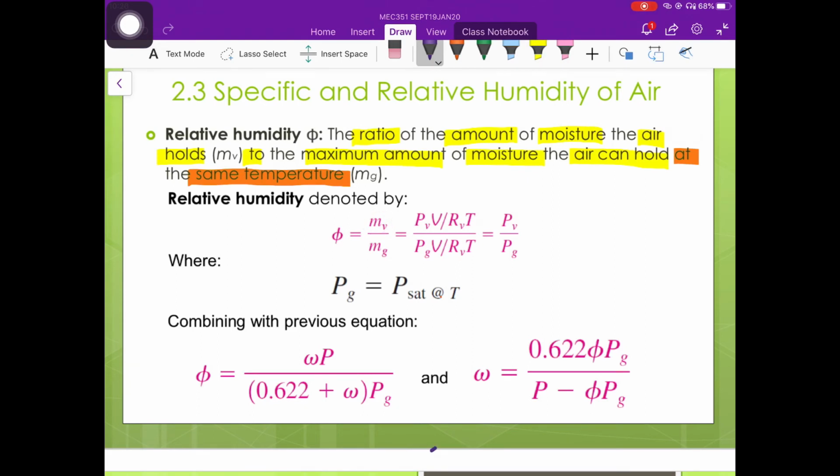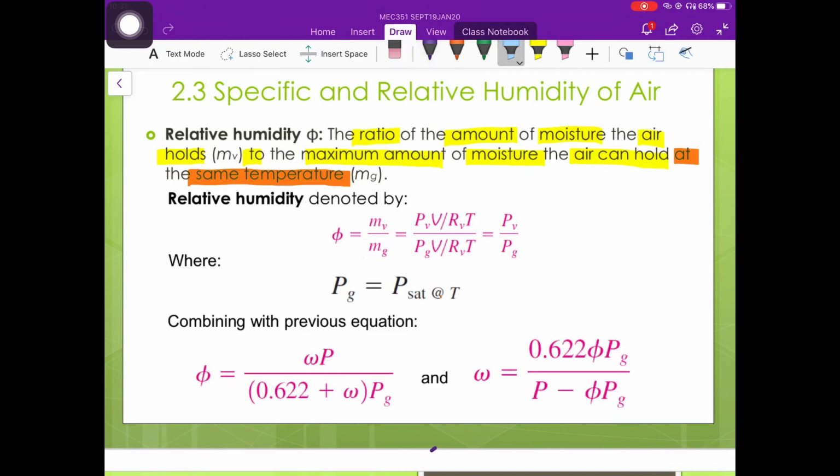Meanwhile, the term mg is representing the maximum amount of mass that the atmospheric air can hold. The subscript g is actually representing the term saturated vapor.